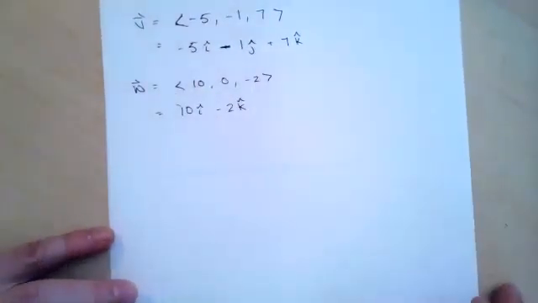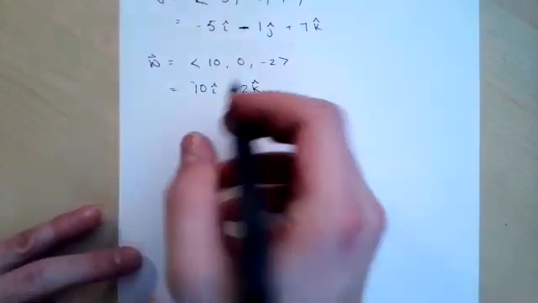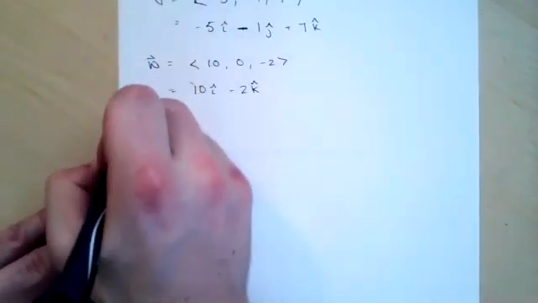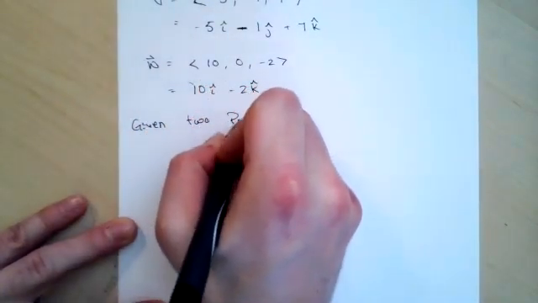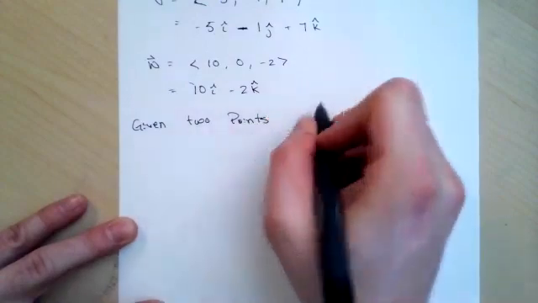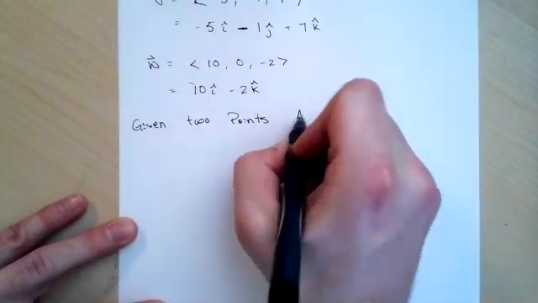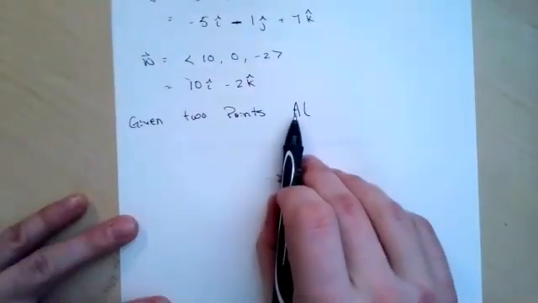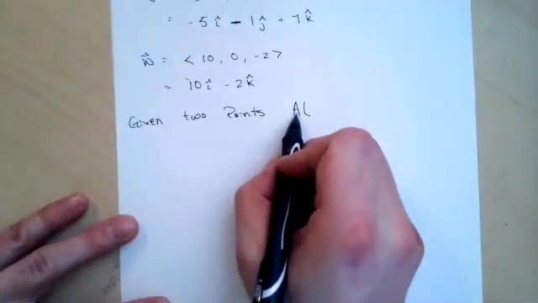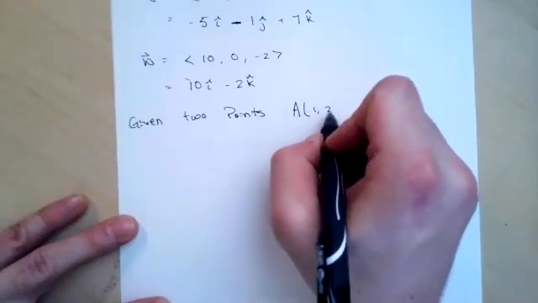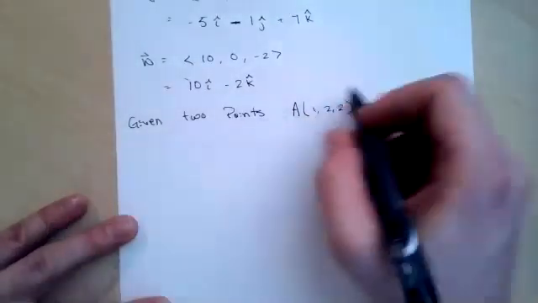If we are given 2 points, let's say A. So often when we write points, sometimes we give a point a letter and say A equals. Sometimes they just write it as A and then put the components.